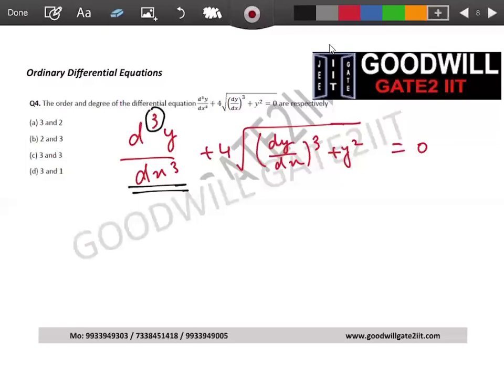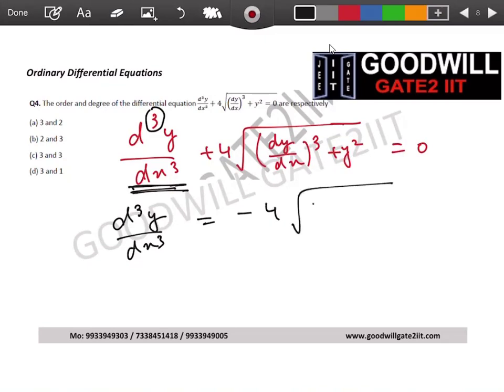But you can also calculate it directly if you want to, because the highest order derivative is d cube y by dx cube, right? So d cube y by dx cube equals minus 4 square root of (dy by dx) the whole cube plus y square, right?